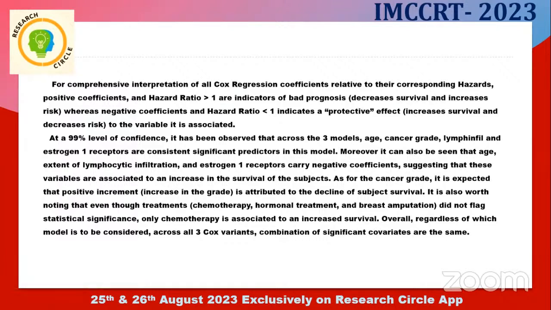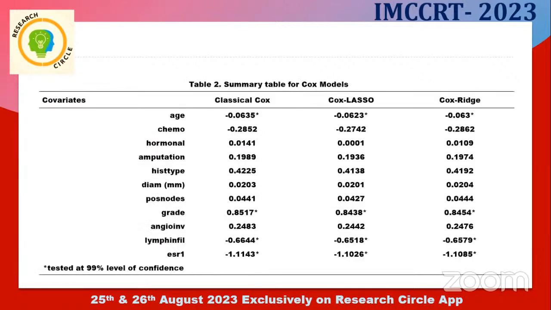Okay, so another disclaimer when we are doing Cox regression, just like any regression model in general, we always need to take into account that the combination of our variables can also affect the significance of each of the variables. Like what I have mentioned, what if there's a scenario where we remove some particular variables, like age, lymphocytic infiltration, and ESR1 receptors?